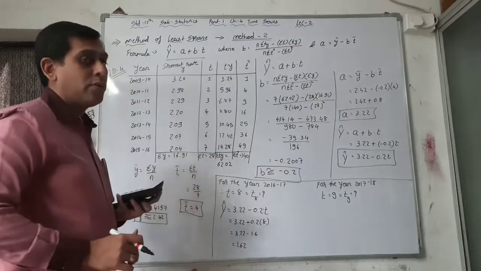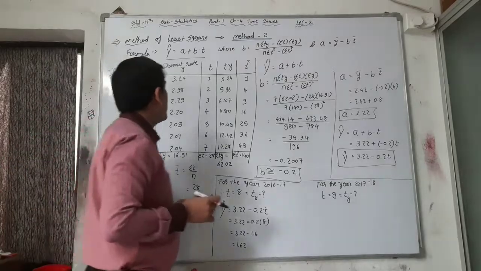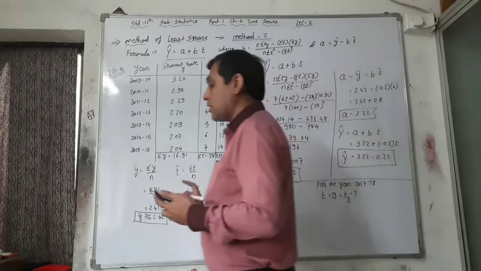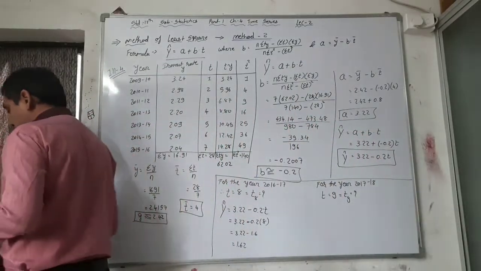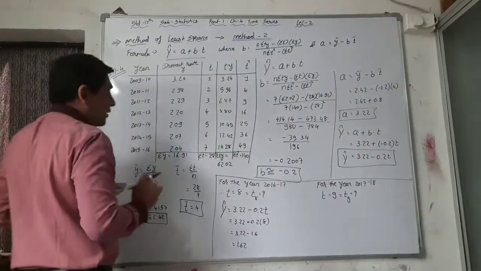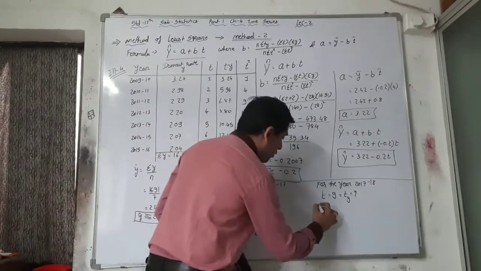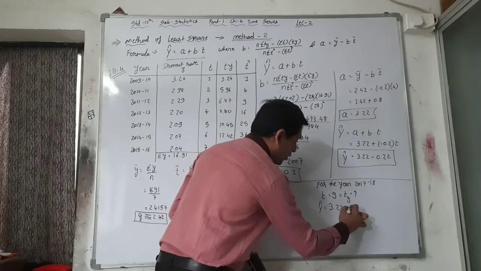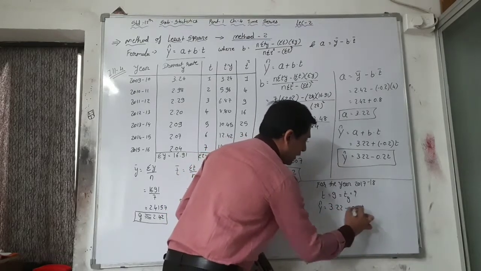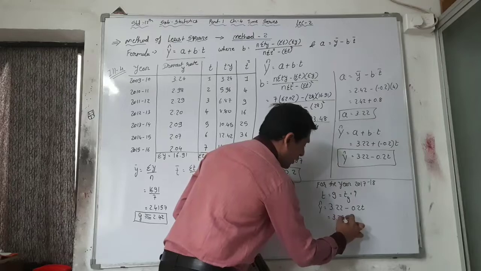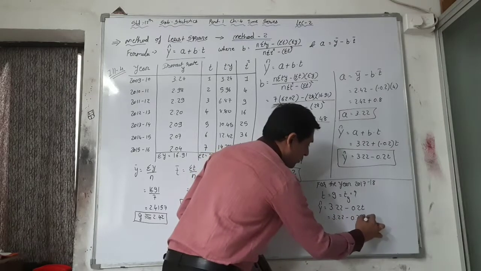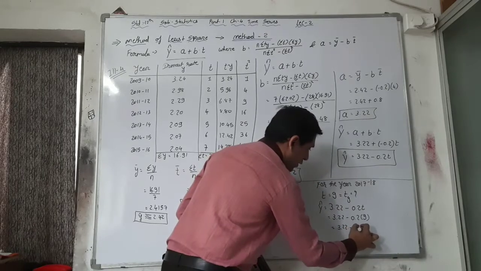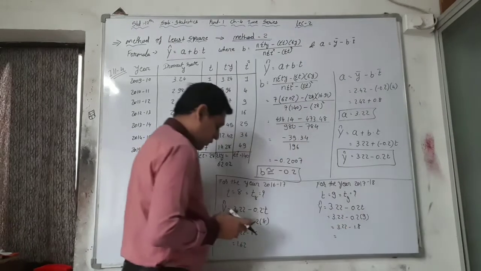That is, the dropout rate of the students is 1.62 in the year 2016-17. And in the year 2017-18, what is the dropout rate? Y cap is equal to, again we are writing the equation, 3.22 minus 0.2 t. Now we are putting the value of t is equal to 9. 3.22 minus 1.8. So what is the value for that?